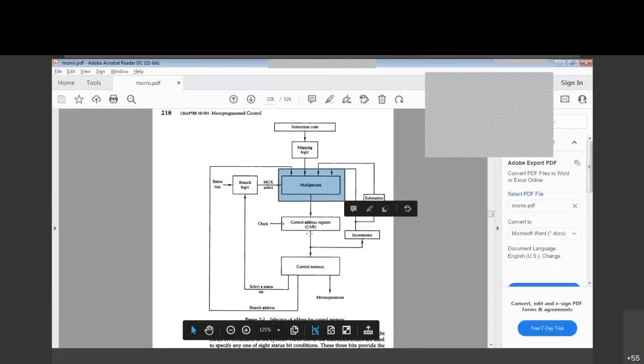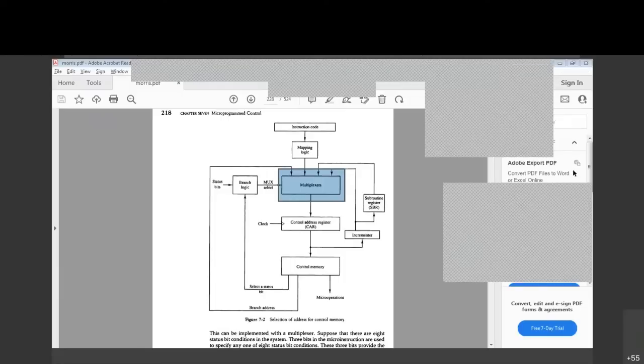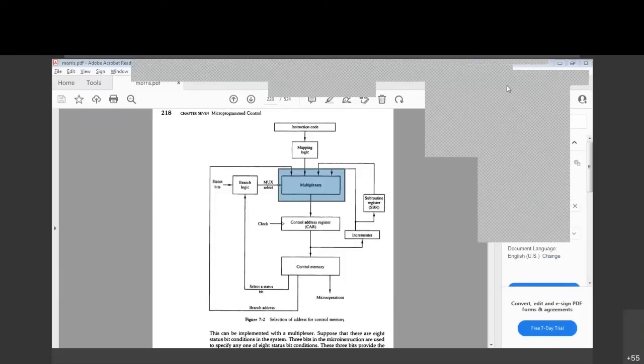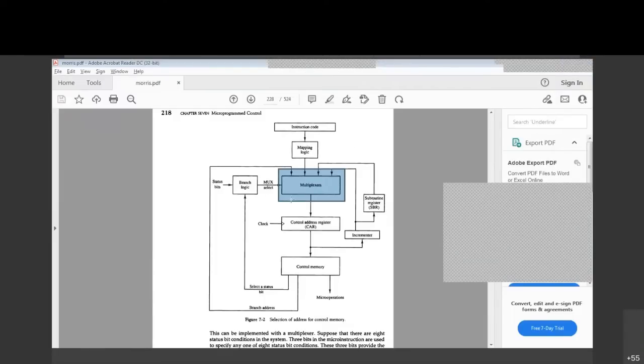The middle three blocks. Are you all with me understanding these concepts? Okay. So we have taken a 4x1 multiplexer which would transfer the address to the control address register.